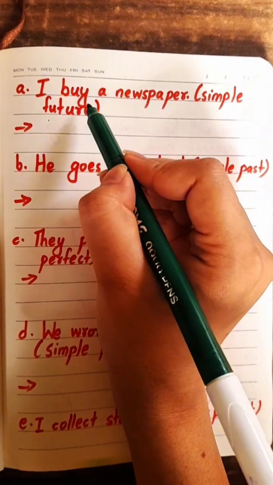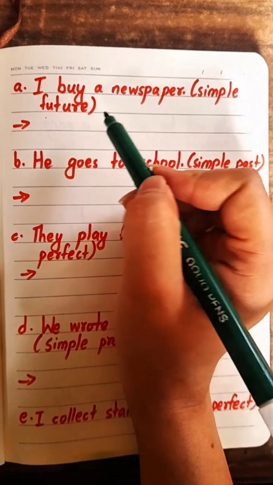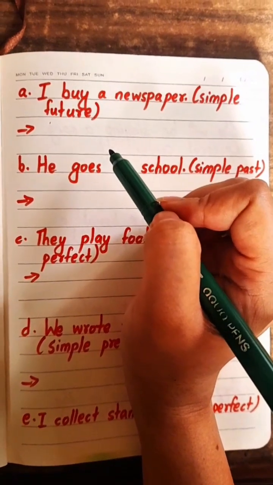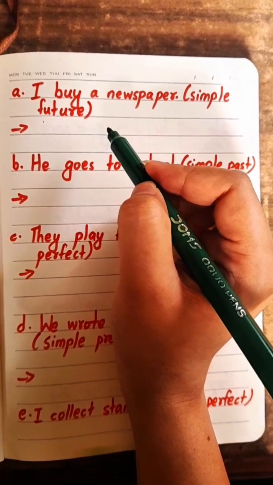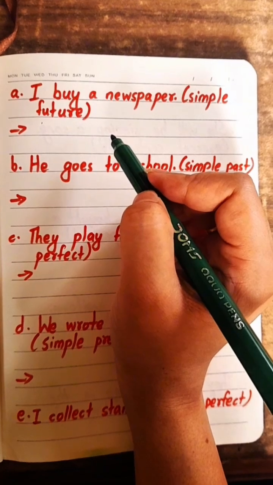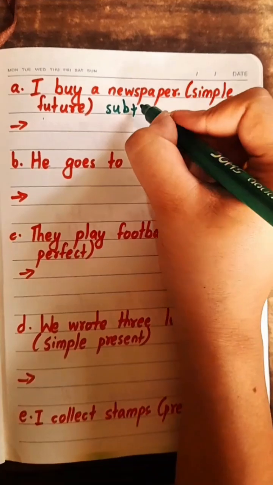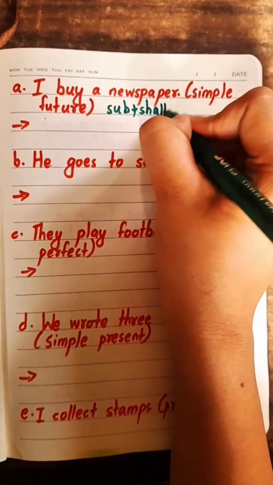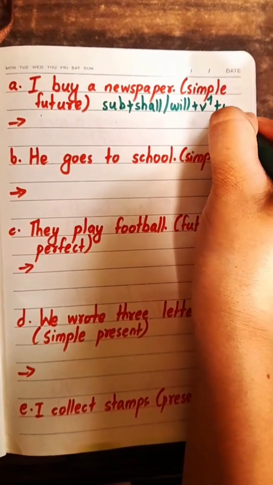I buy a newspaper. Now we need to change this into simple future tense. So first of all, we have to remember the structure of simple future tense. So what is the structure of simple future tense? Subject plus shall or will plus verb 1 plus object.